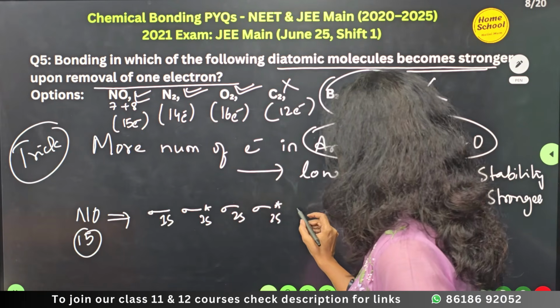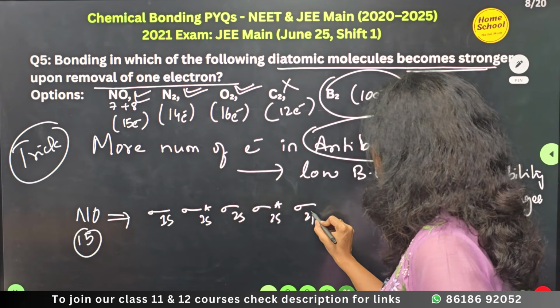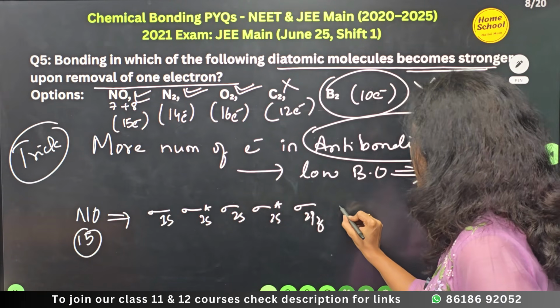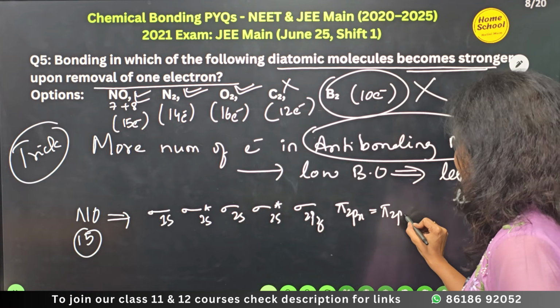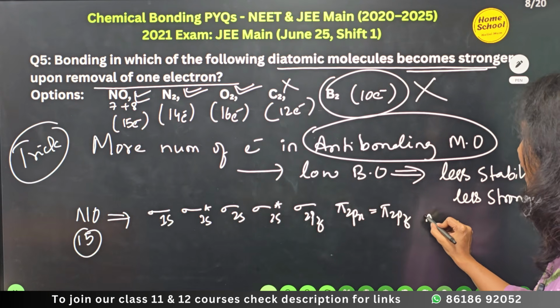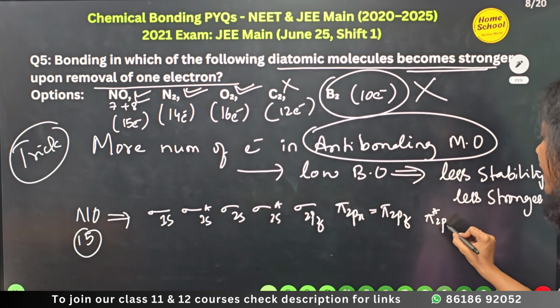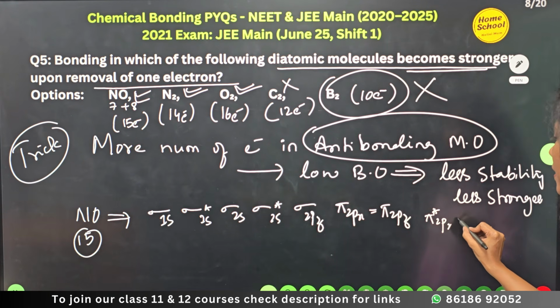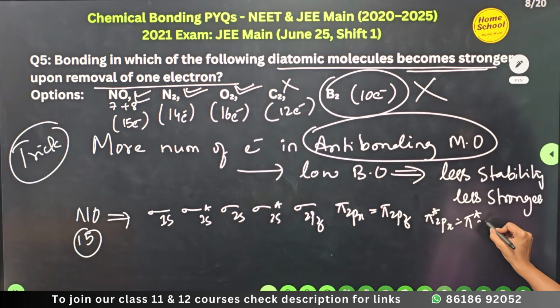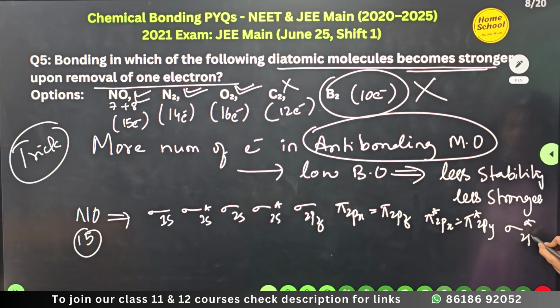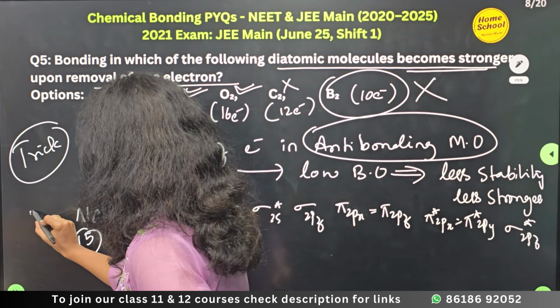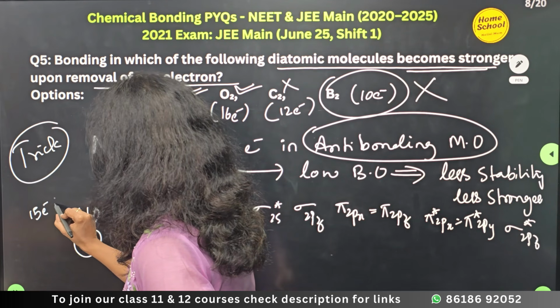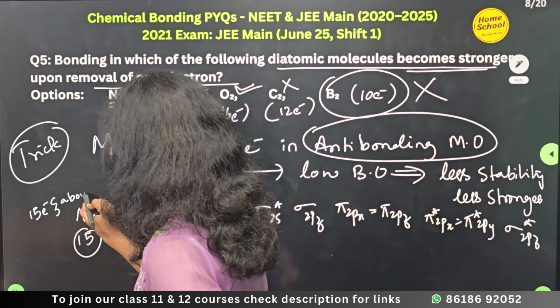It's a 15 electron species, so sigma 2pz, and after that pi 2px equals pi 2py, and after that pi star 2px equals pi star 2py, and then sigma star 2pz. This is the sequence you have to follow for 15 electron species and above.